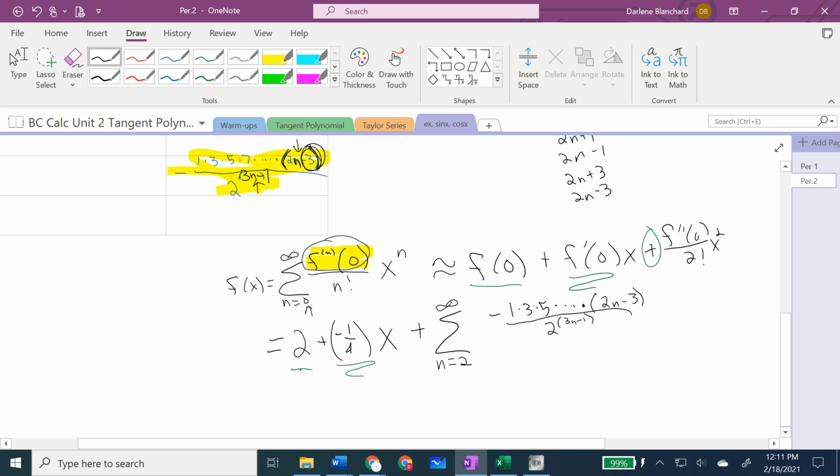That replaces the highlighted nth derivative at 0. And I'm looking right here at this formula, and I'm now completing over n factorial times x to the n.